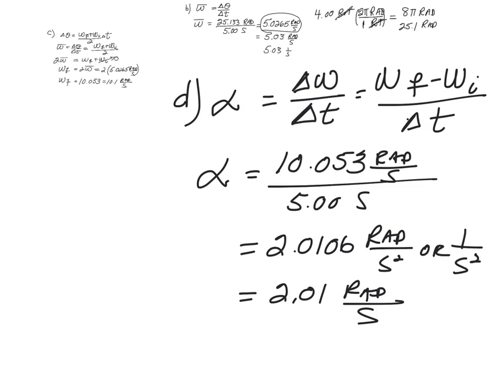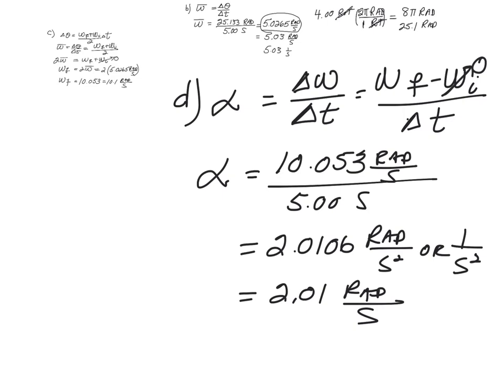And so the change in omega is omega final minus omega initial, and this is 0. So we simply have omega final over the time, and omega final, we just got it, we divide it by the time.